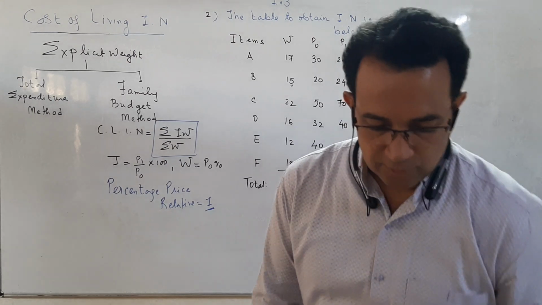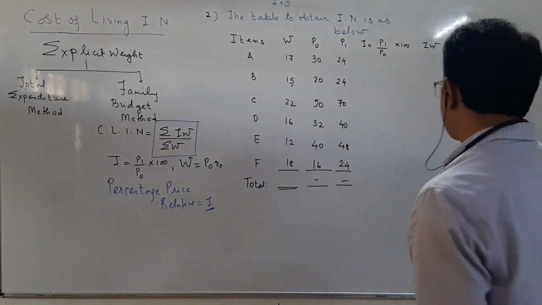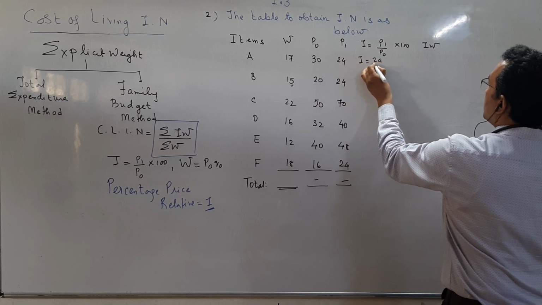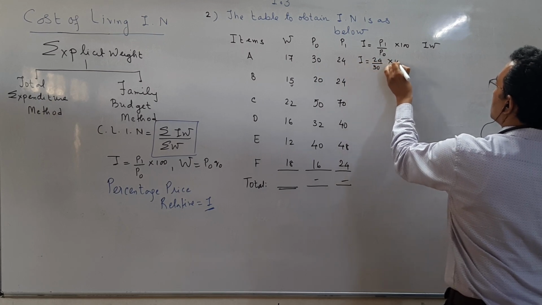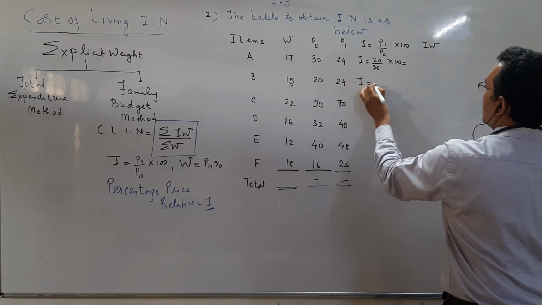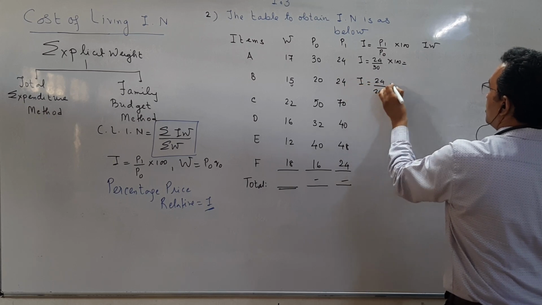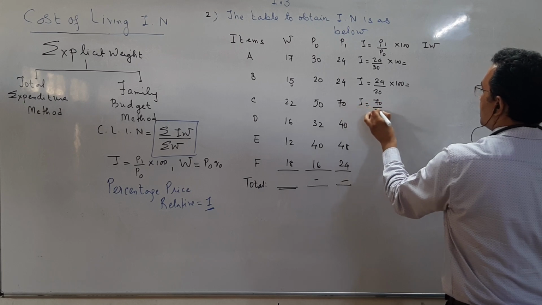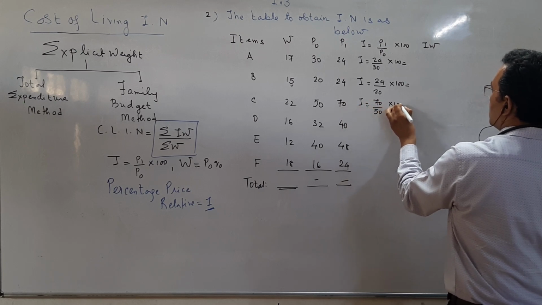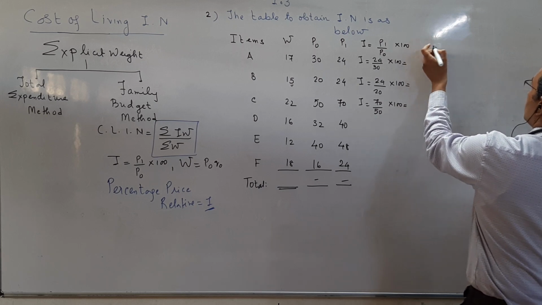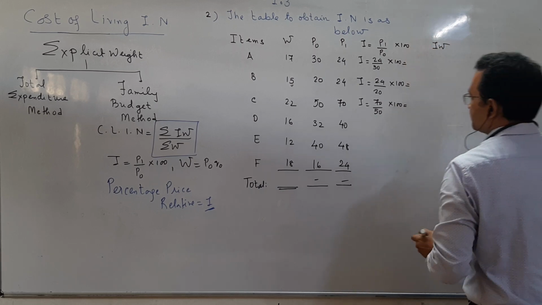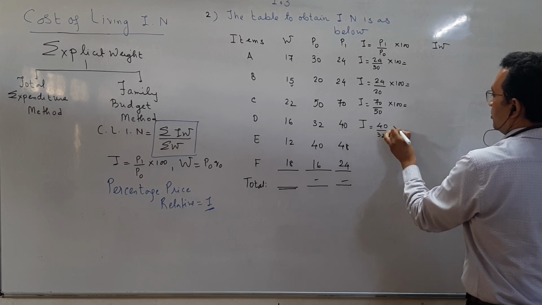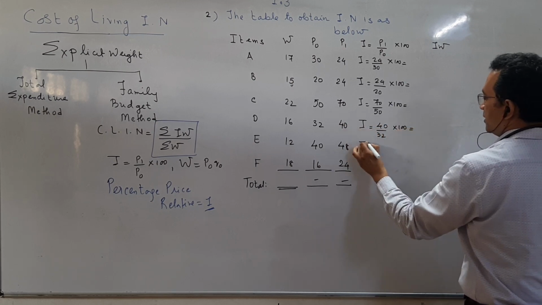First of all, let us calculate all the index numbers. Here I will be 24 upon 30 into 100. Here I will be 24 upon 20 into 100. Here I will be 70 upon 50. Here 40 upon 32 into 100.